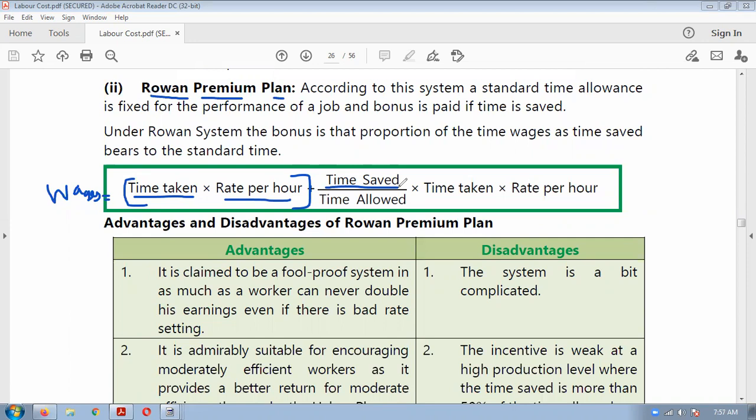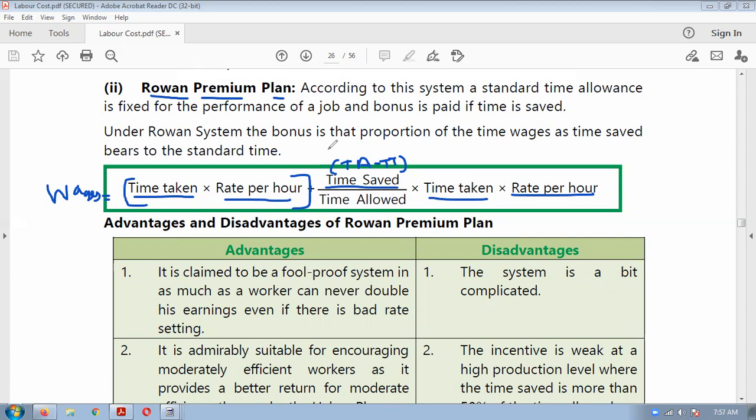Time saved will be time allowed, how much our company is giving for doing that particular work, minus how much our worker is actually taking to do that work. So time saved will be time allowed minus time taken, divided by time allowed, into time taken into rate per hour. What is important is that you have to remember the formulas in this chapter.